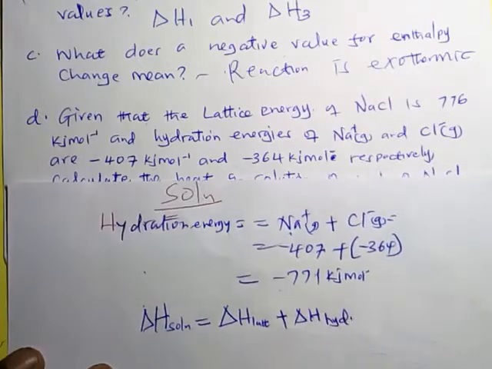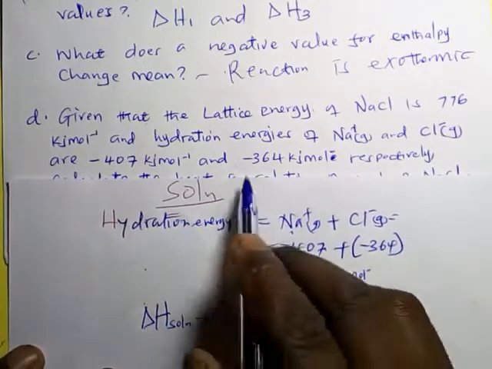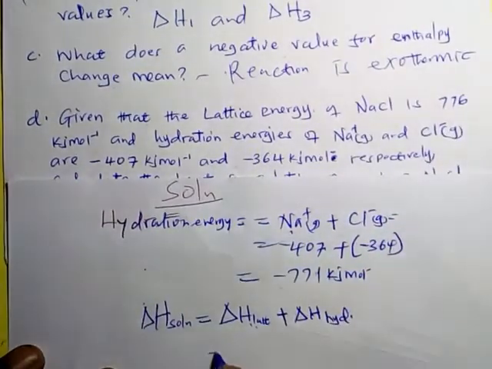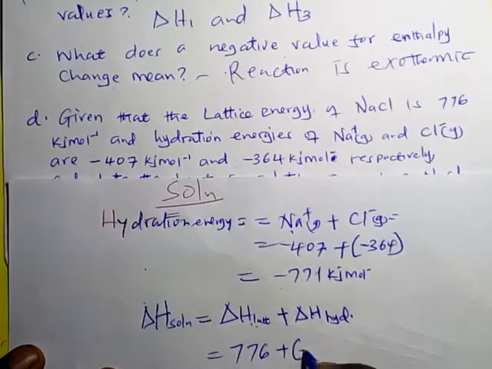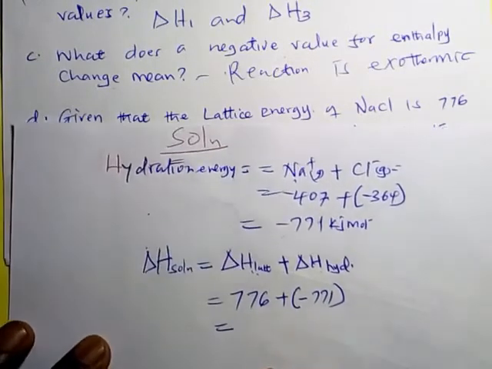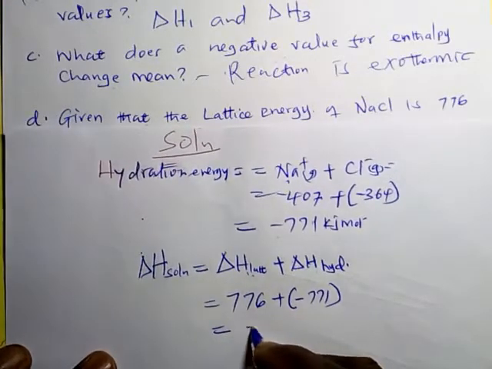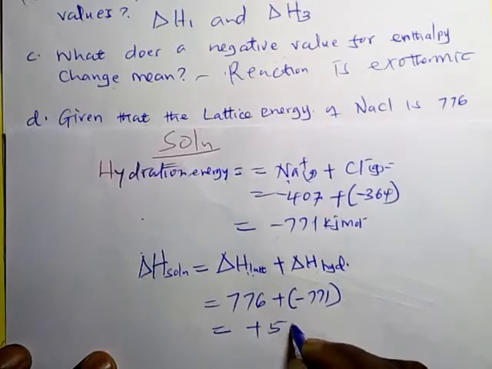We have been given that the lattice energy of sodium chloride is 776, so that one is direct: 776 plus -771, and the final answer is +5 kilojoules per mole.